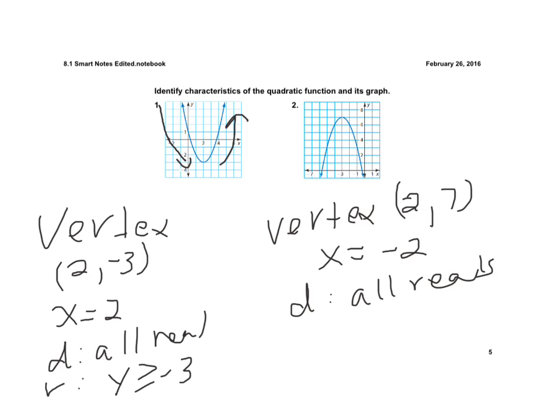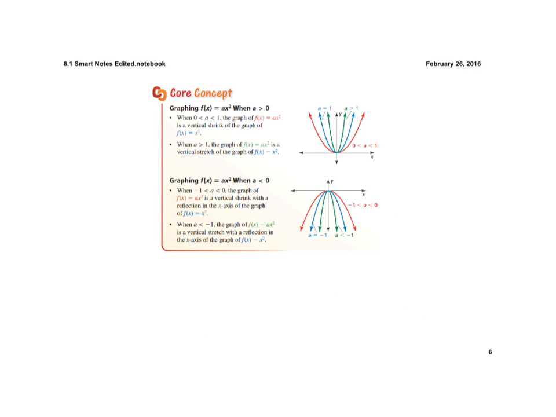And then my range would be the values of y is less than or equal to that y coordinate of my vertex. And then it opens down, which means it's actually an increasing function up until that value of x equals -2. And then it's a decreasing function after that.